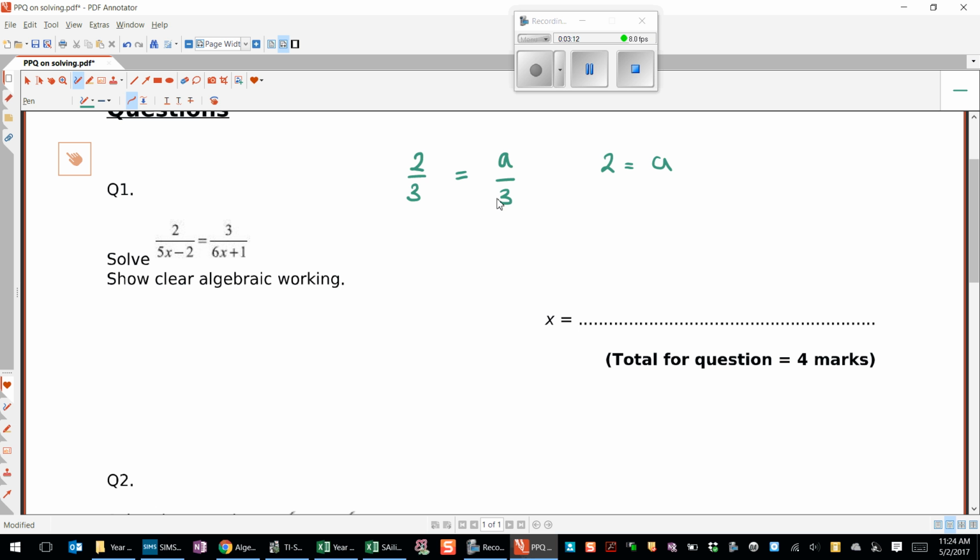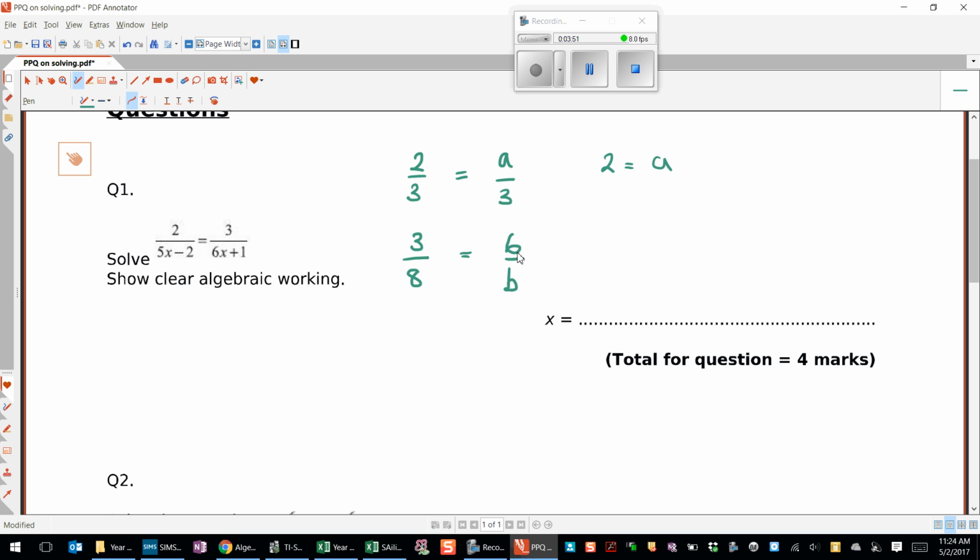In the same way, what if I wrote 3 over 8 is equal to 3 over B? B has to equal 8. Again, same thing. The 3 is the same, so the 8 and B have to be the same. Now it changes slightly if I do this. Now you have to multiply.